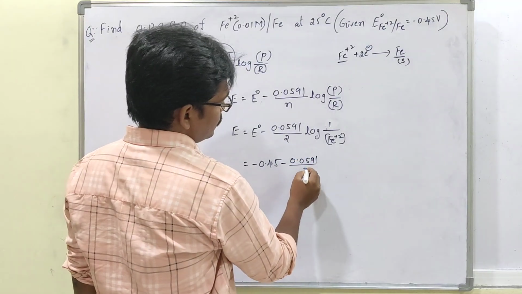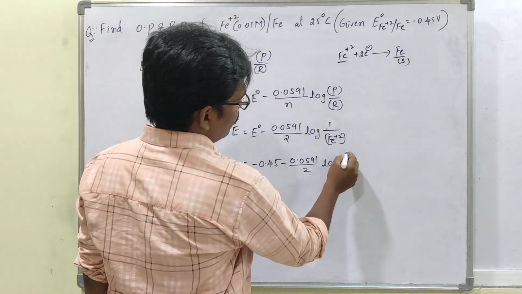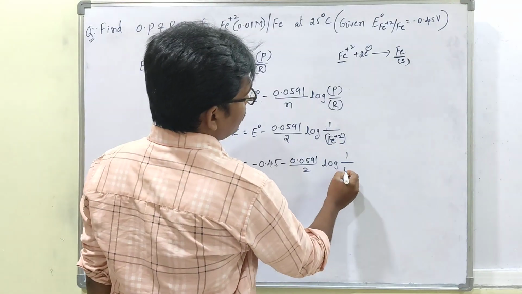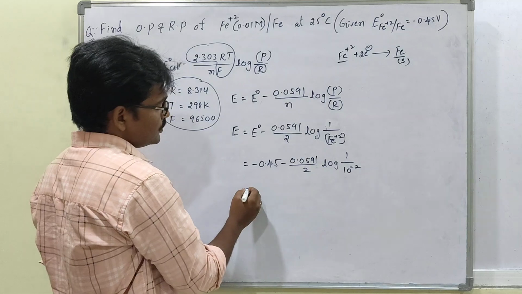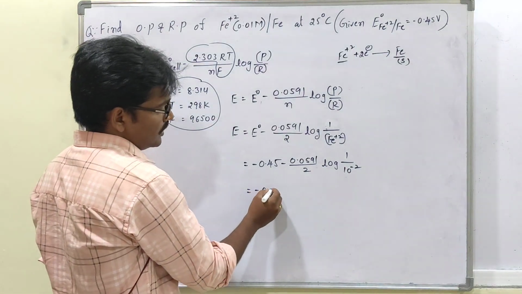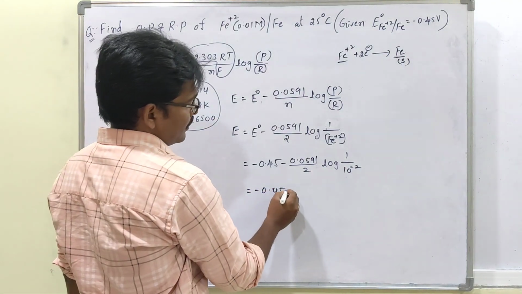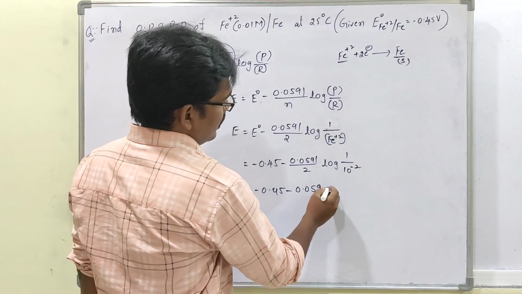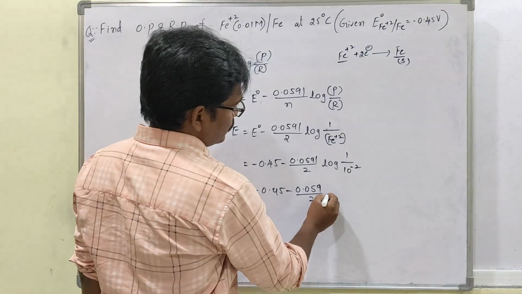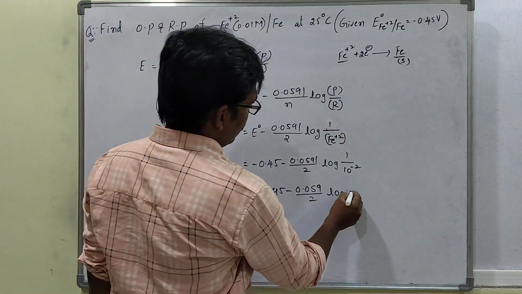Then this is minus 0.0591 divided by 2 log, then 1 divided by Fe plus 2, what will be there? 10 to the power of minus 2 will be there. When it goes up, 10 to the power of 2, right? So minus 0.45, then minus 0.059 divided by 2 log 10 to the power of 2.